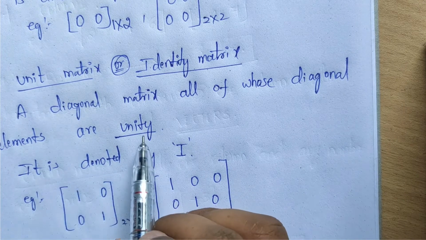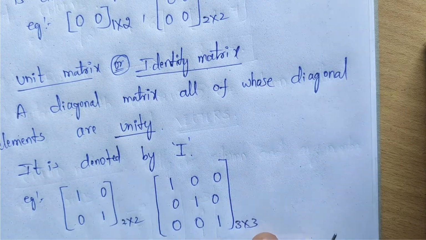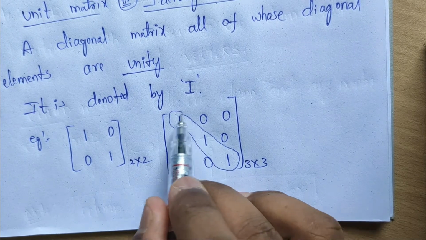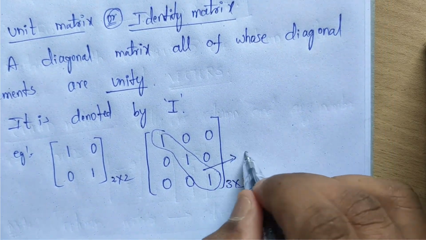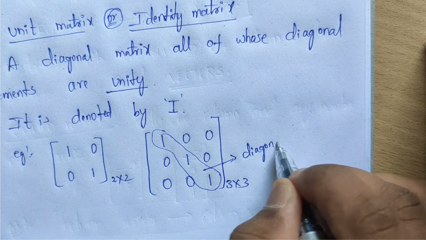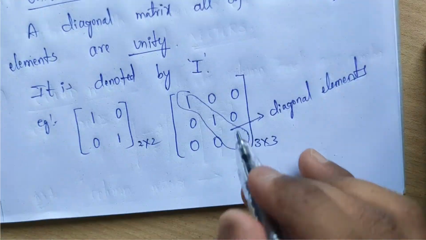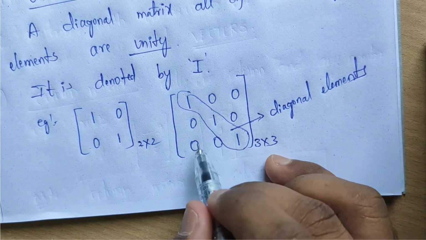Diagonal elements are unity, non-diagonal elements are 0.